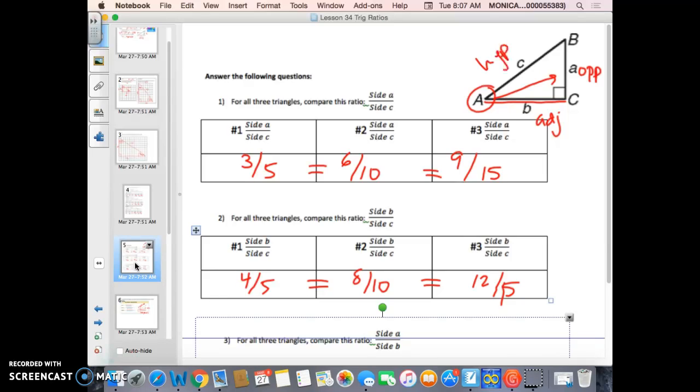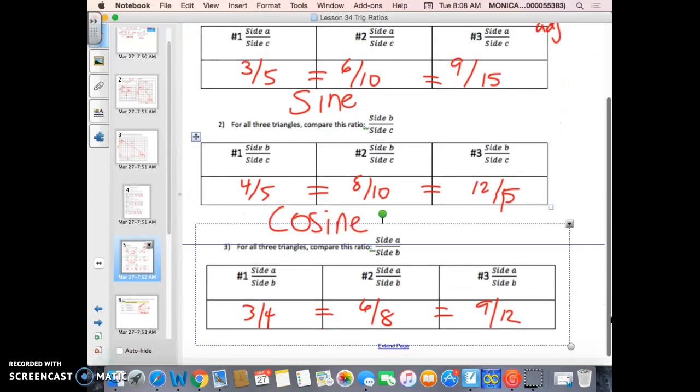So this one right here is actually your sine ratio. In the second example here, we're looking at side B, which is adjacent over the hypotenuse. This is your cosine ratio. And the third situation is what we call tangent. And this is where SOHCAHTOA comes from, and this is all about trig.